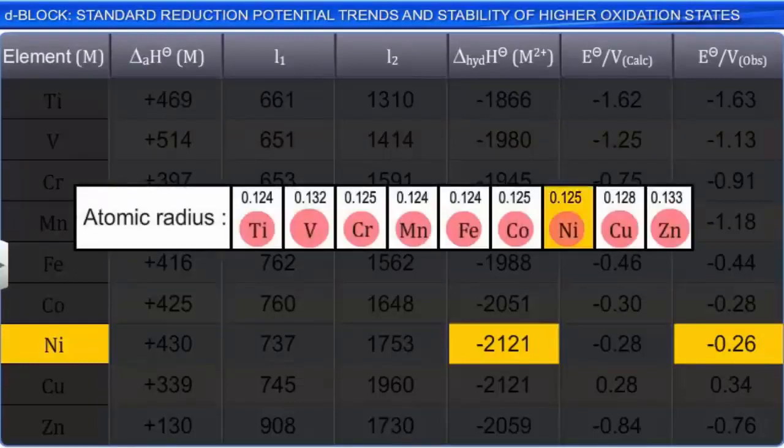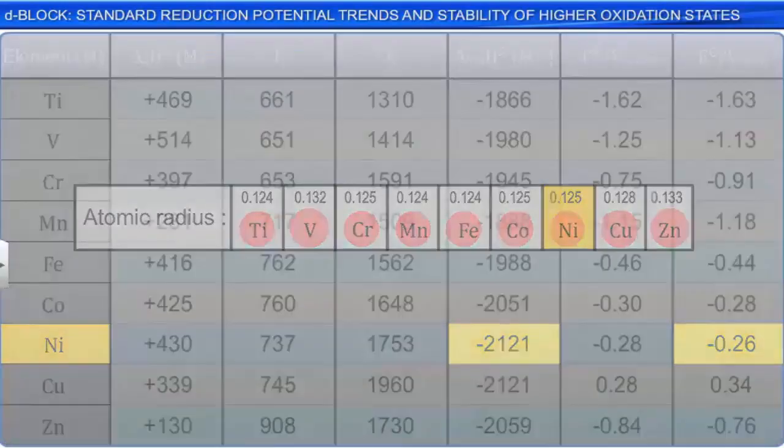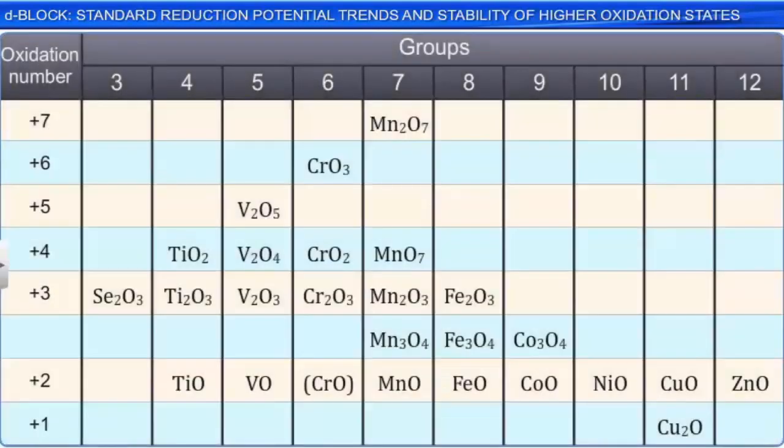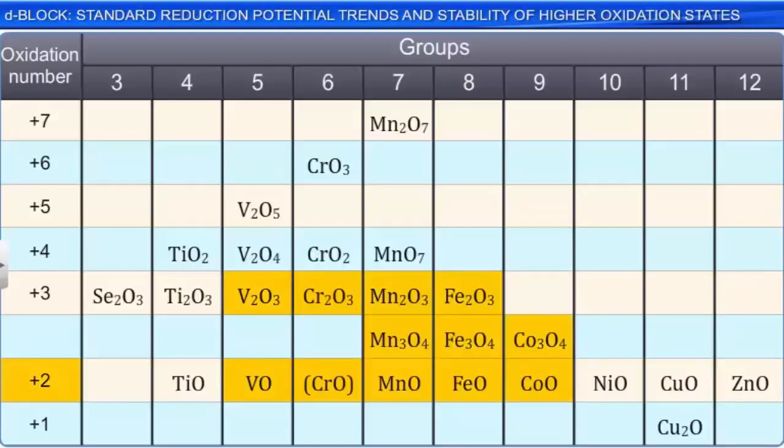Now let us look at the trends in the standard electrode potentials of M3+ ions to M2+ ions. Not all the first row transition elements have the same pairs of stable oxidation states. The elements from vanadium to cobalt are chosen because they all have +2 and +3 states, for which reliable experimental data are available.